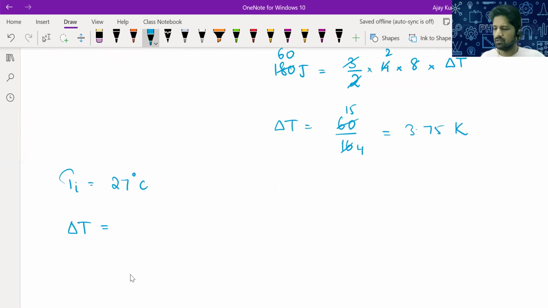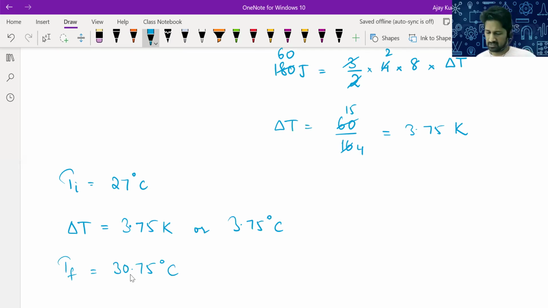This will be in Kelvin, but you know that changes in temperature on the Kelvin scale are the same as changes on the Celsius scale. So delta T is 3.75 Kelvin. So the final temperature would be 27 plus 3.75, that is 30.75 degrees C. Change in temperature is the same on the Celsius scale and the Kelvin scale.